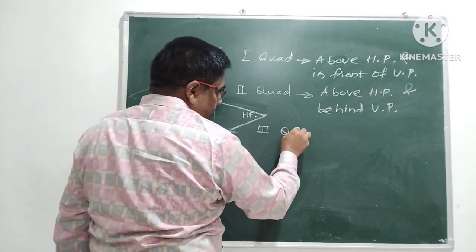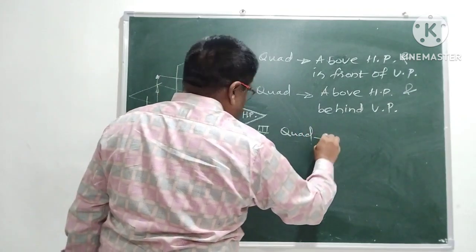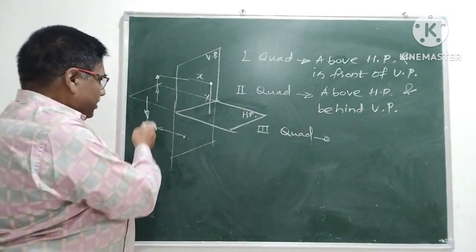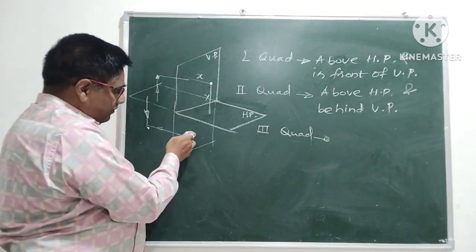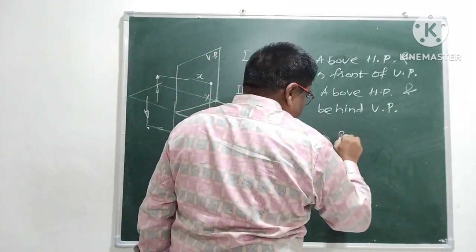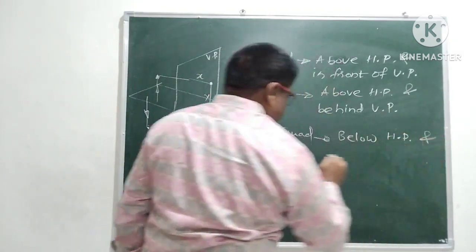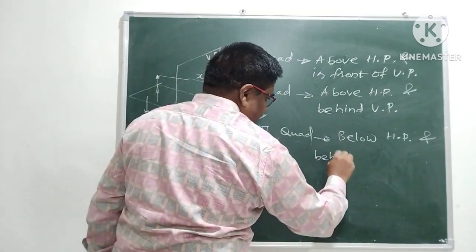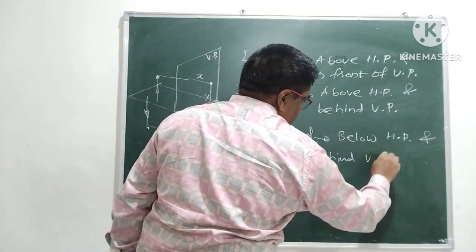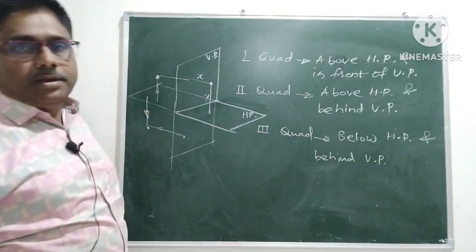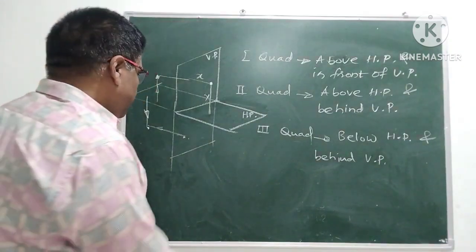Third quadrant: below HP and behind VP. Now let's go to the fourth quadrant.